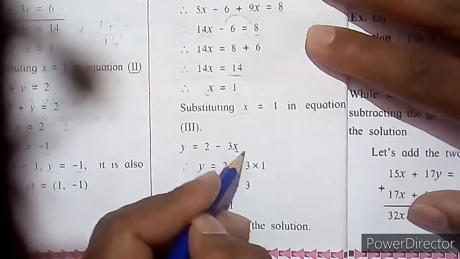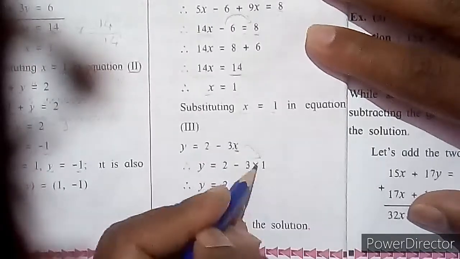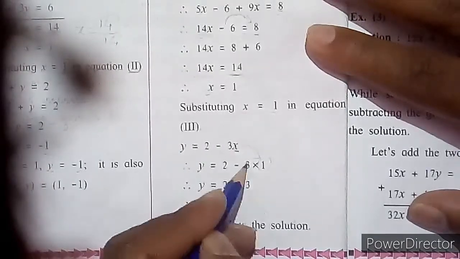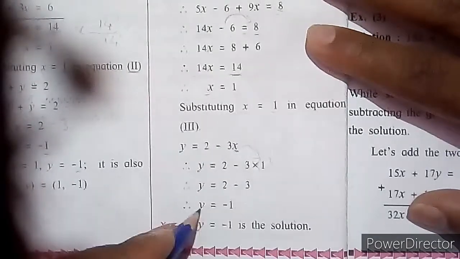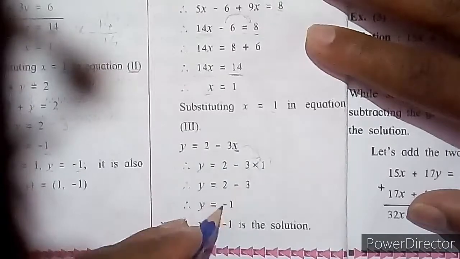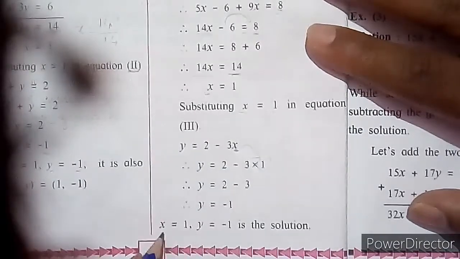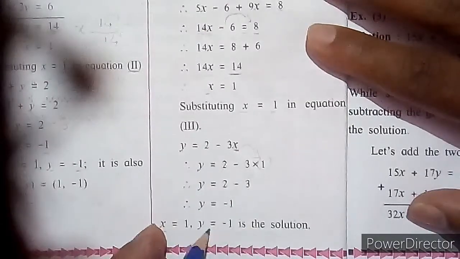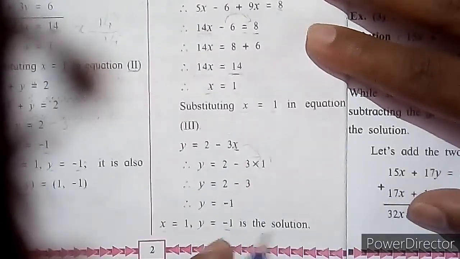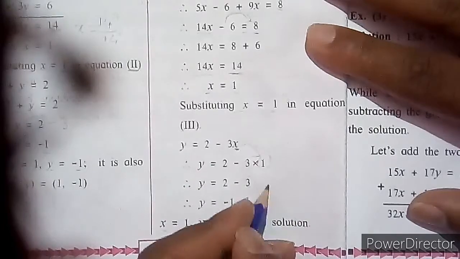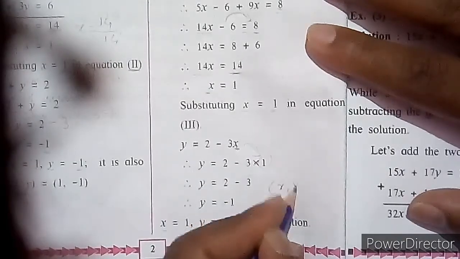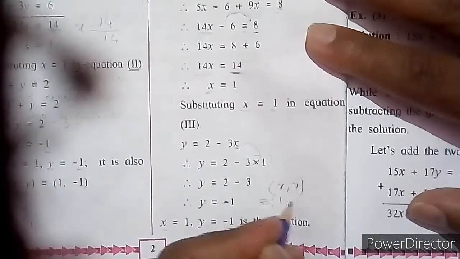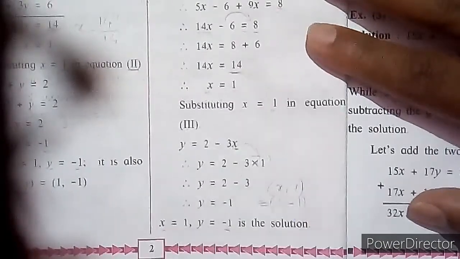Now y equals to 2 minus 3 equals to minus 1. Now we get the value of x equals to 1 and the value of y equals to minus 1 as the solution, or we can write it as x comma y, that is 1 comma minus 1.